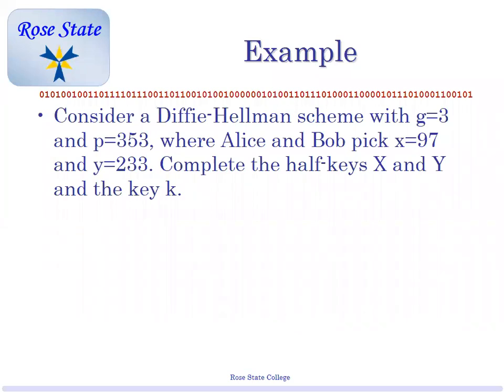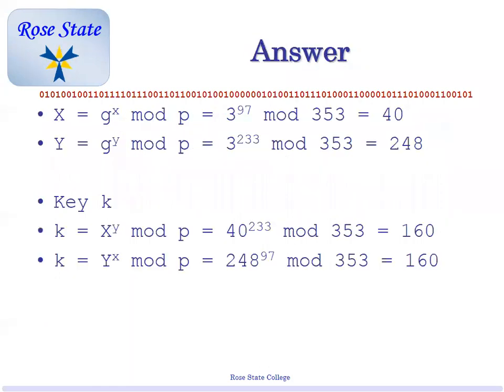Now let's walk through this. Consider this Diffie-Hellman key exchange. This is exactly like your homework. With G of 3 and P of 353, where Alice and Bob pick 97 and 233. But remember, Alice and Bob would not be sharing the 97 and 233. They would not be sharing that part. They keep that to themselves.